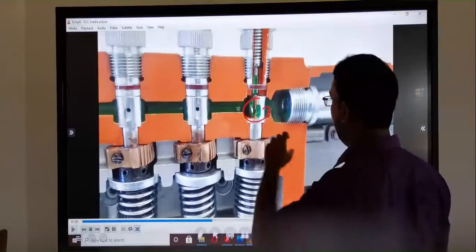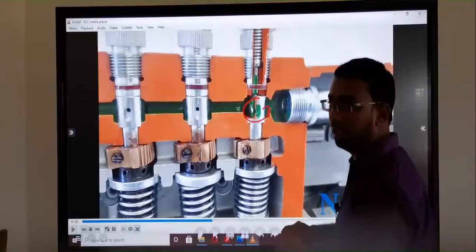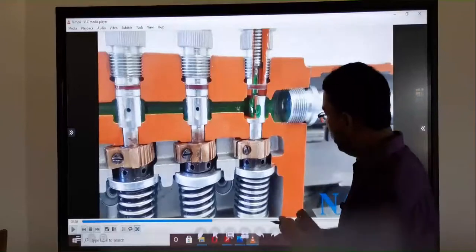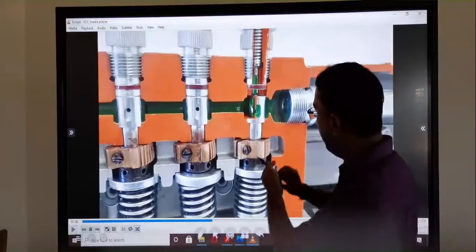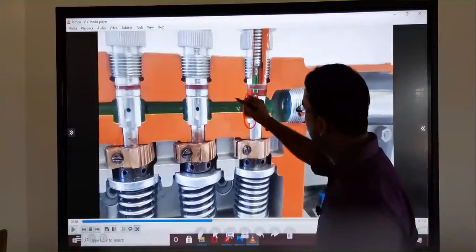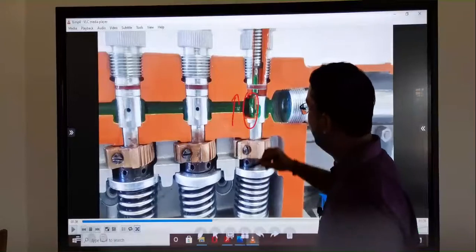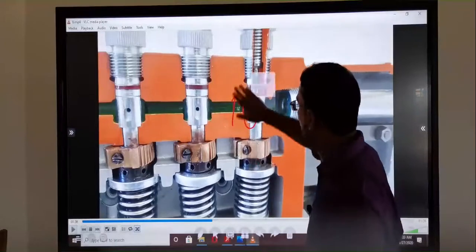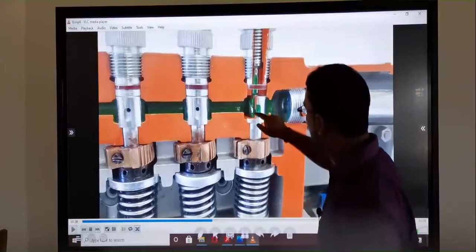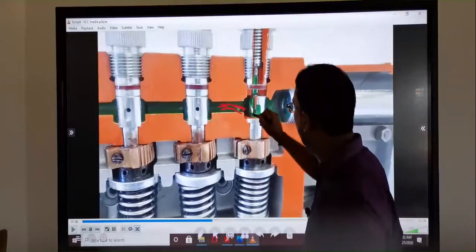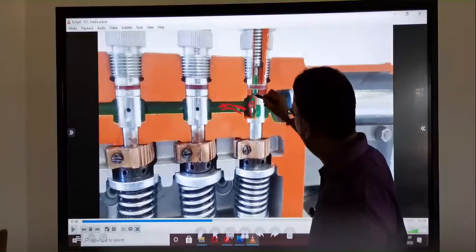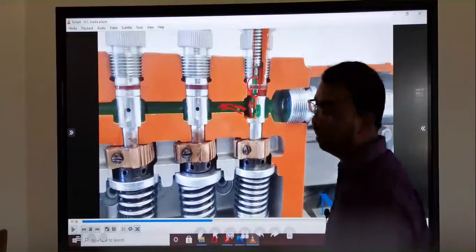This shaft, at that time, there is an opening. Here, when the plunger is working, this part moves upwards and downwards. So when the plunger moves, the fuel is filled here. This is moved upwards and connects with this compound.